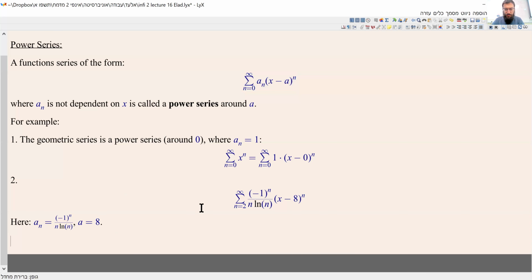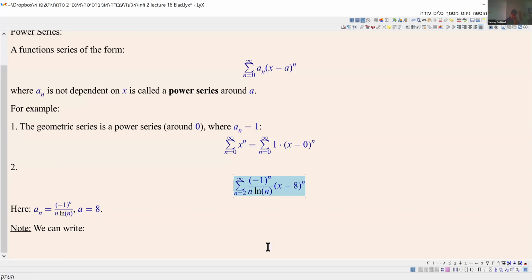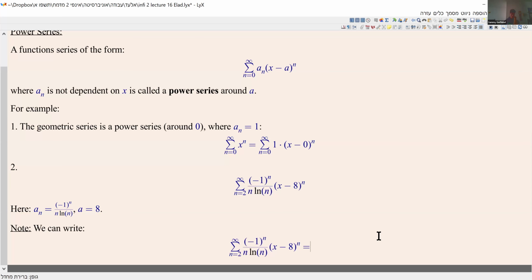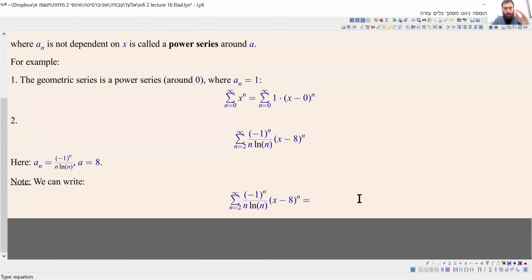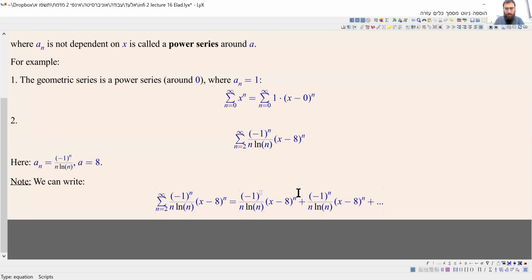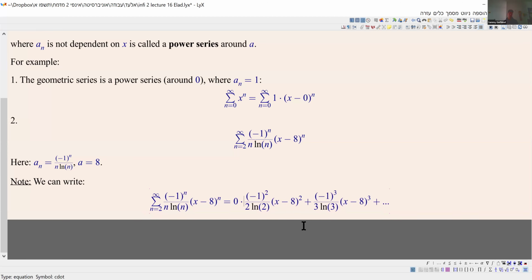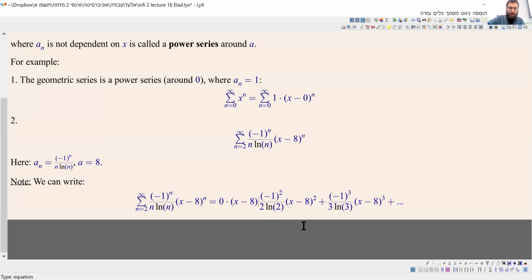Let's see, note, and write this sum as starting with 2, and then n equals 3, then n equals 4, etc., etc. But one can write down also the powers of 0 and 1, just multiplied by the coefficient 0.